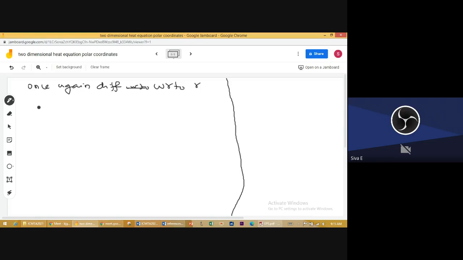We get, so r dash is there, keep it r, and then differentiation of r is r double dash, plus keep it r dash, differentiation of r is 1.